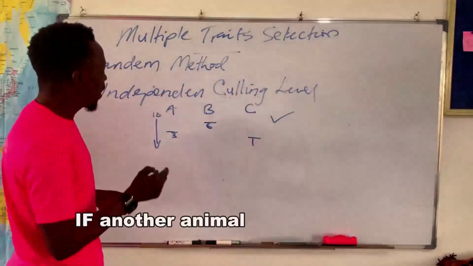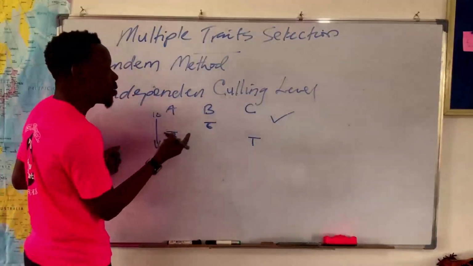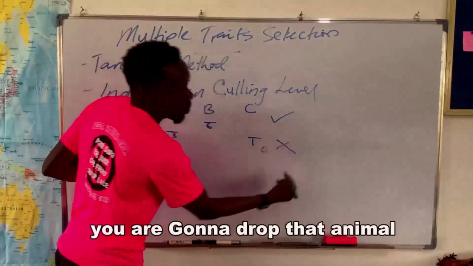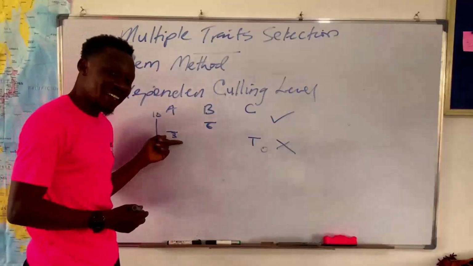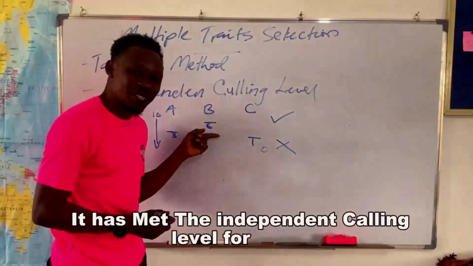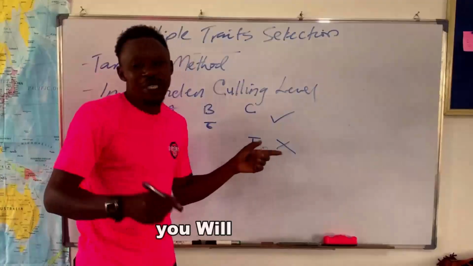However, if another animal meets this level, 3, maybe it scores 5, it meets this level, but here it scores 0, you are going to drop that animal. Even though it has met the cutoff for trait A, and the independent culling level for trait B, because it has failed for trait C, you will discard it.